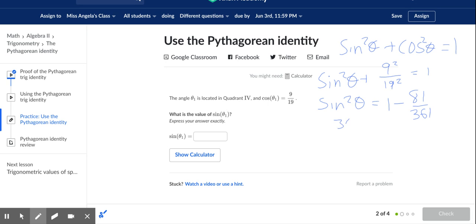So 361 minus 81 over 361. 361 minus 81 is 280 over 361. Okay, so now we need the square root of 280, which again is not a nice number, so let's try seeing if we can simplify it.